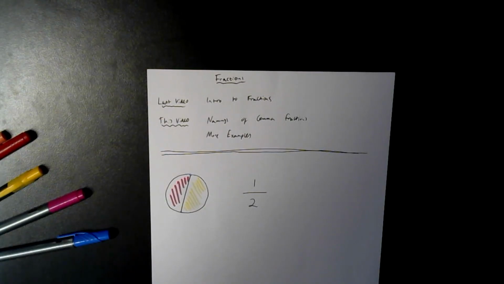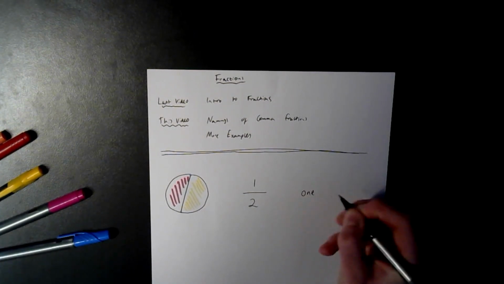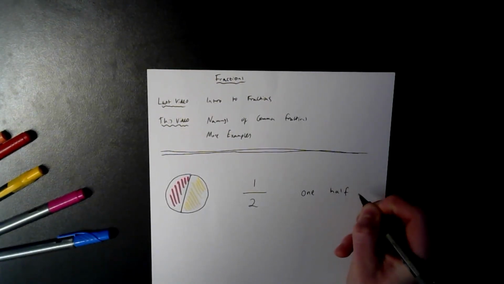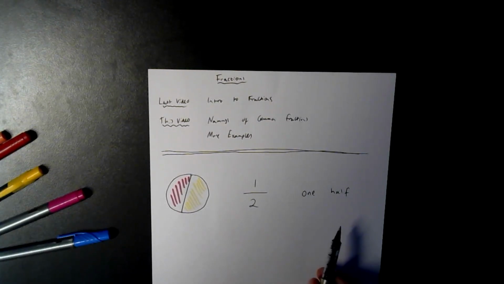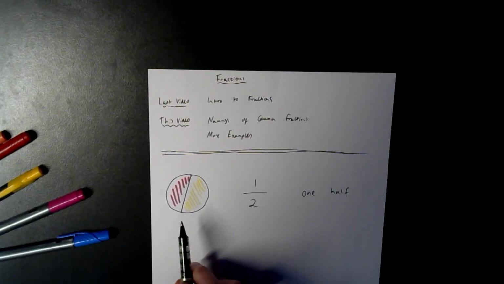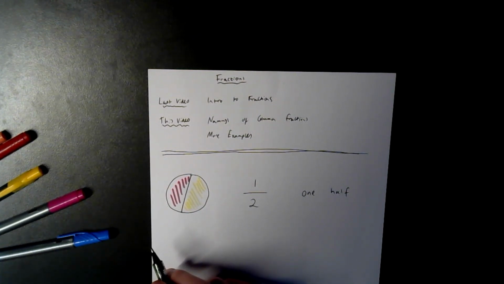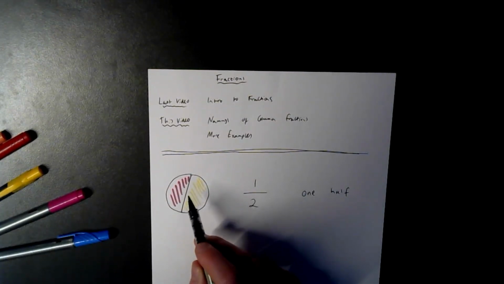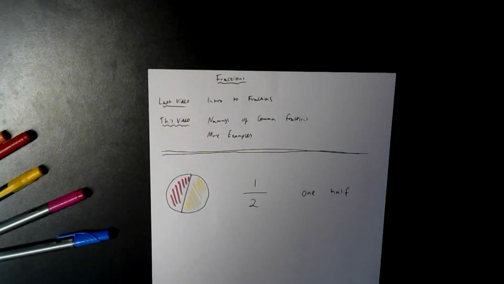Another way of writing this is just to say 1 half. That just means 1 out of 2, or for every 2 pieces you have, one of them is ham.